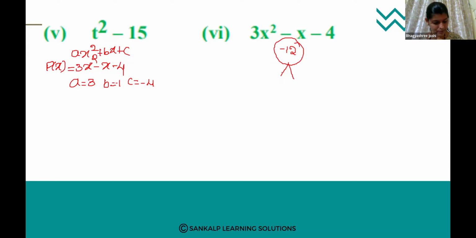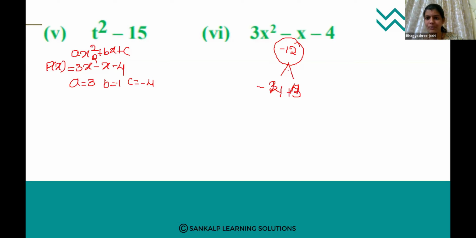ಯಾವ ನಂಬರ್ಸ್ ಅದು? ಪ್ರಾಡಕ್ಟ್ ಶುಡ್ ಬಿ minus 12 and if you add or subtract that two numbers then you will get minus 1. 3 4s are 12 or 4 3s are 12, minus 4 plus 3.